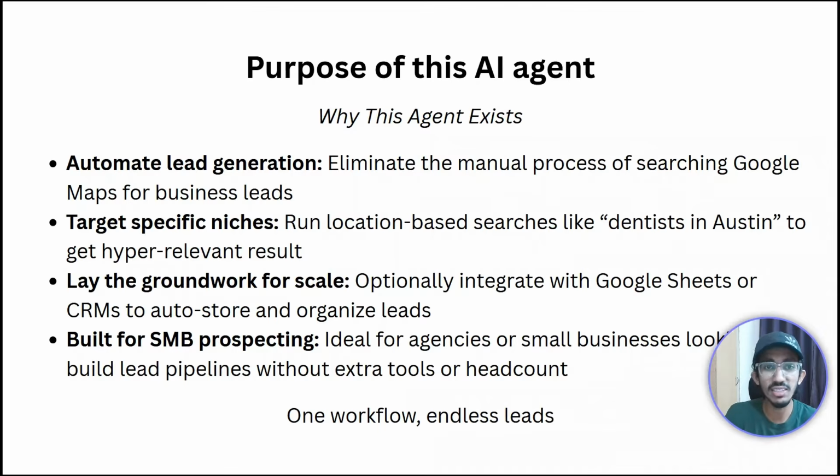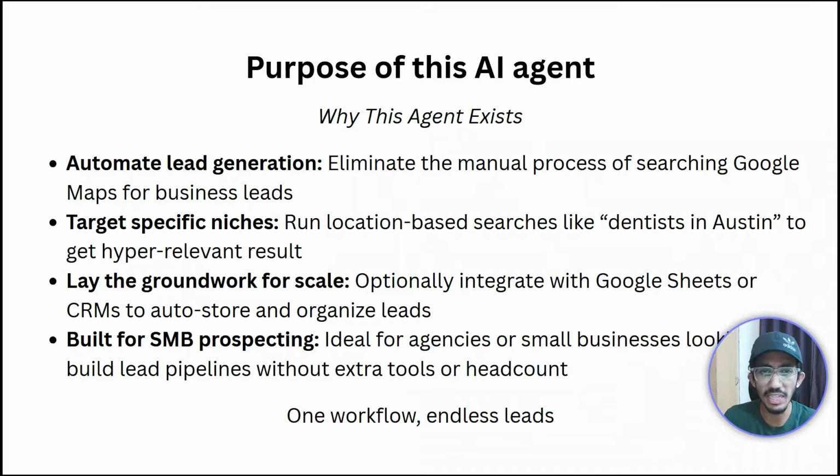Third, lay the groundwork for scale. While I'm keeping today's build focused on the core n8n and Apify connection, you can absolutely integrate things with Google Sheets to automatically store and organize your leads. Imagine a sheet that just populates itself, or even send data to your CRM. The potential to scale your outreach is huge.